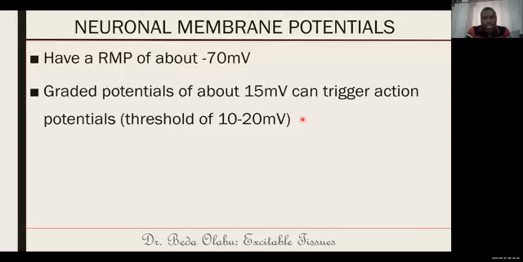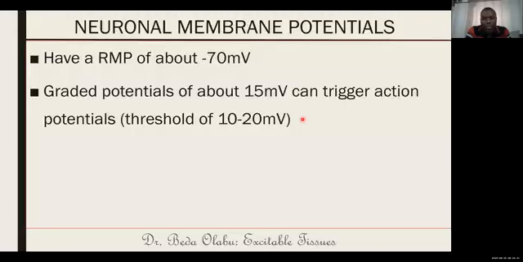The threshold for initiating action potentials in neurons is 15 millivolts plus or minus 5. So it will vary. So maybe what we can say with confidence here is that the thresholds which are less than 10 millivolts will not generate action potentials.